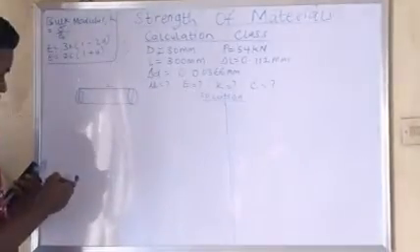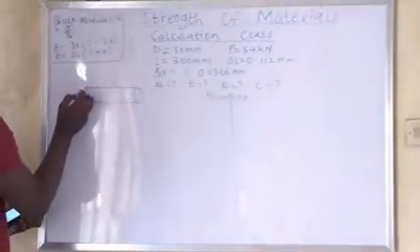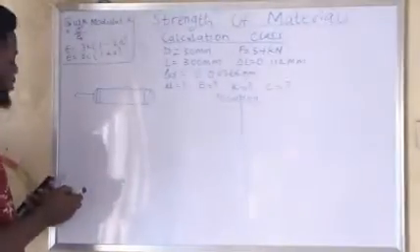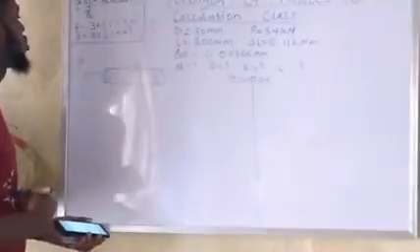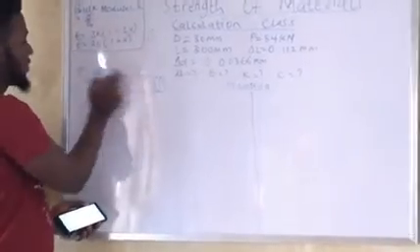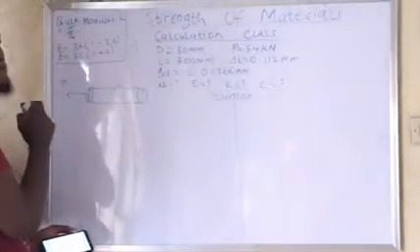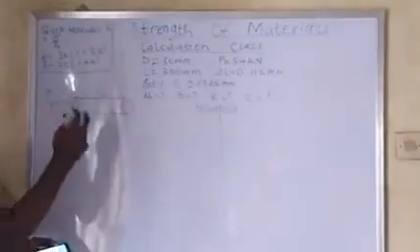If you apply the force P, 54 kilonewton, here, what is going to happen is that this force leads to a direct extension here, which is what we call the longitudinal strain, and leads to a strain here, which is what we call the lateral strain.